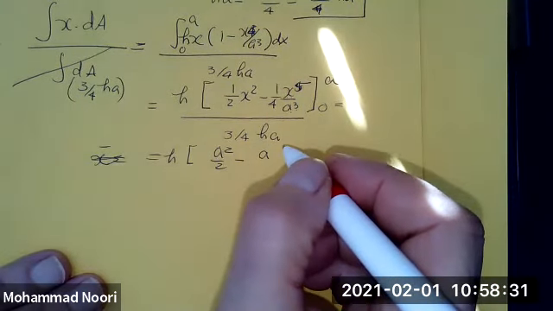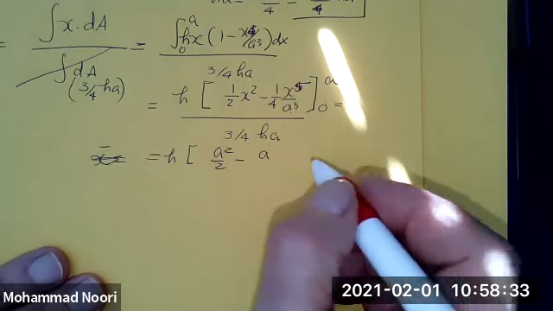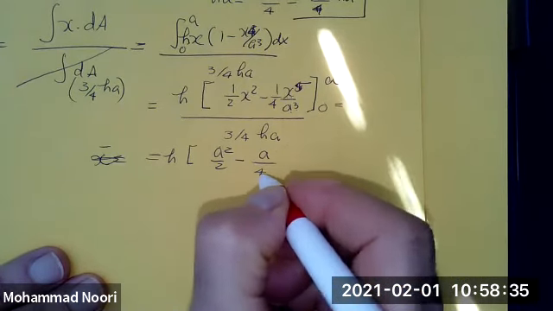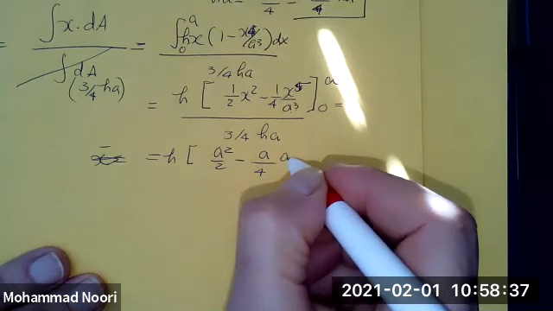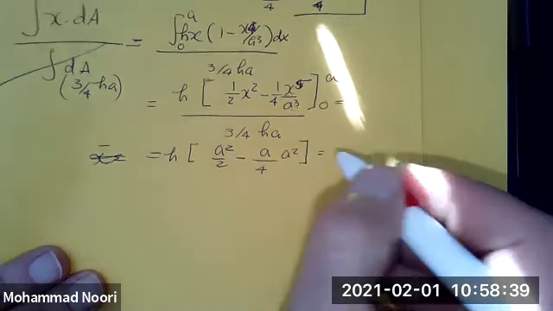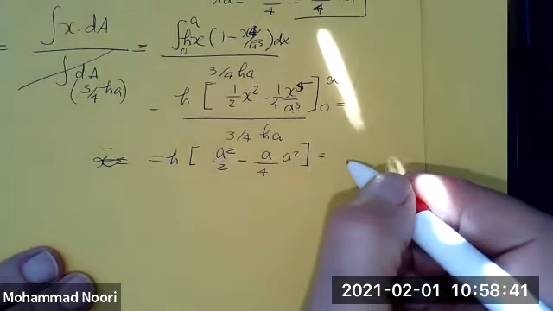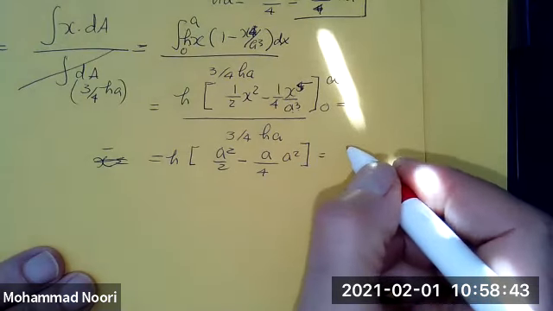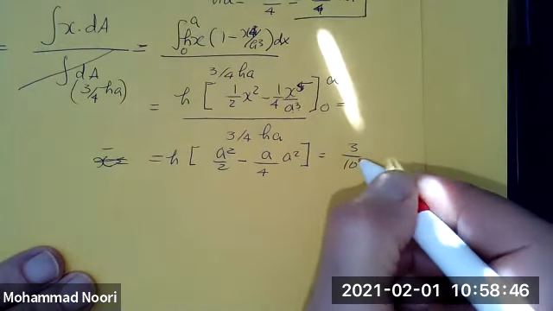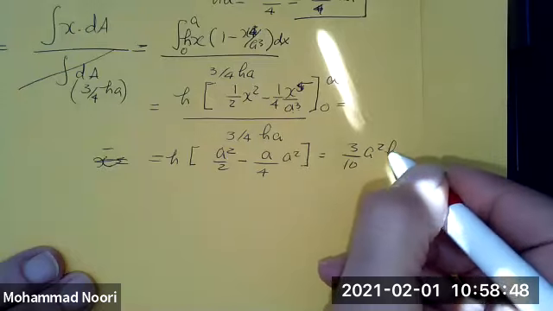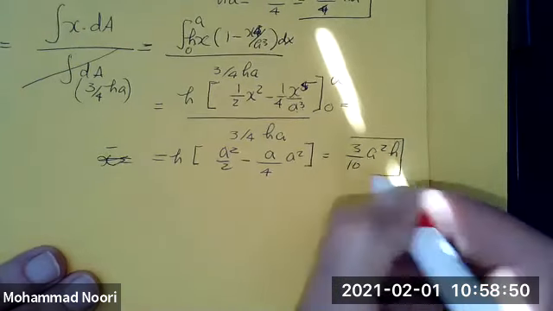Thanks for that observation. So that would be a squared over 2 minus a squared over 5, which simply gives me 3/10 of a squared h.